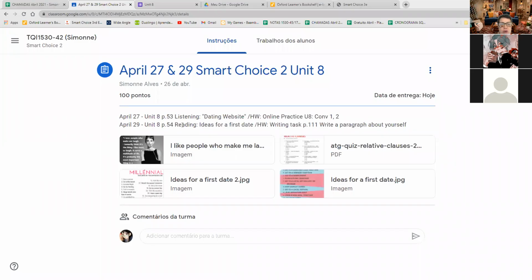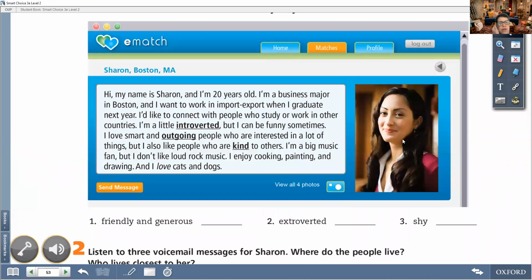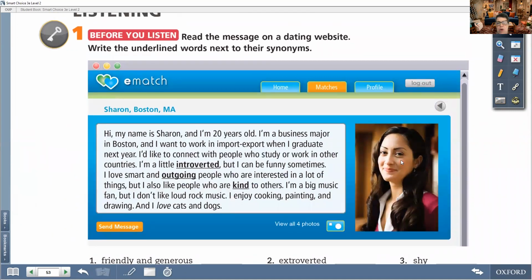So here we have the topic for today. If you have your books, please open your books to page 53. It's the listening task. Okay? So let's go there. Yes, this is the page. Okay, guys, can you see the page?